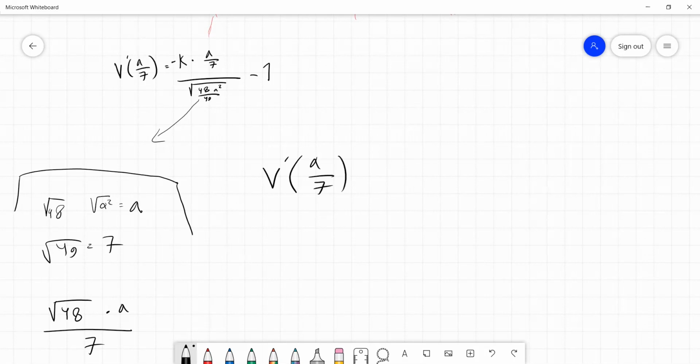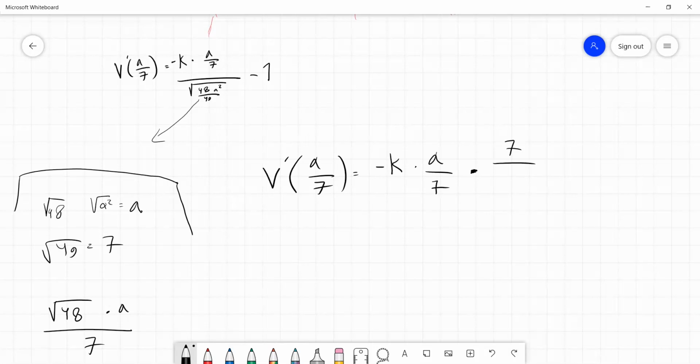Okay, so we could then rewrite the whole equation in a very simplified manner. So it equals negative k times a over 7. Now we're going to bring this fraction up, and when you're dividing by a fraction, you take the second fraction and take its reciprocal, so flip it. So put the 7 up, flip the places of numerator and denominator.